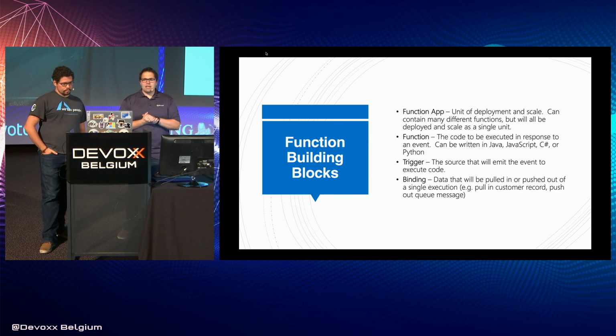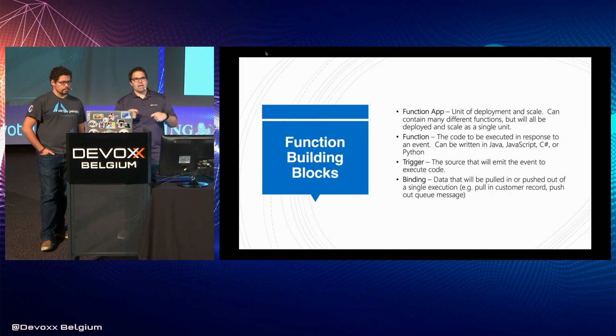These are all different types of triggers. A unique concept to Azure Serverless story is this idea of bindings. We actually find that developers love bindings, and Bruno's going to show us more about them in a bit. But the only thing I'll explain for now is that this is data that can be pulled in or pushed out of each one of your executions. You can almost think of it in that if I'm creating a customer, there may be some reference data that I want to pull in from a database as well as my trigger data.